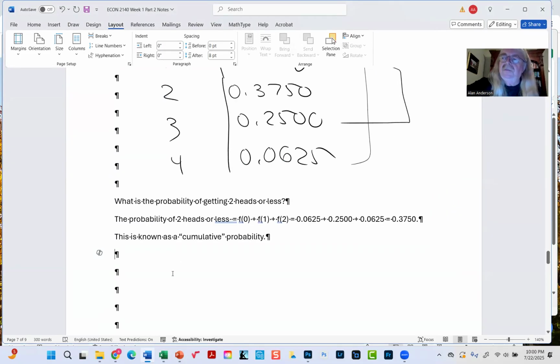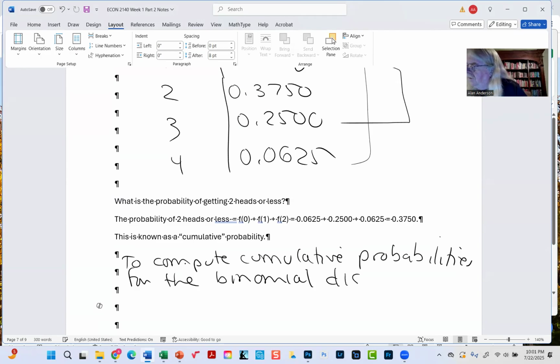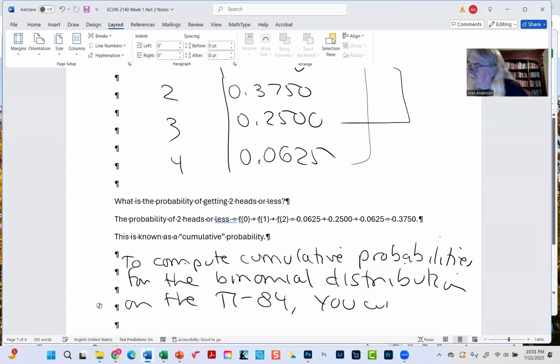To compute cumulative probabilities for the binomial distribution on the TI-84, you're going to do something slightly different.